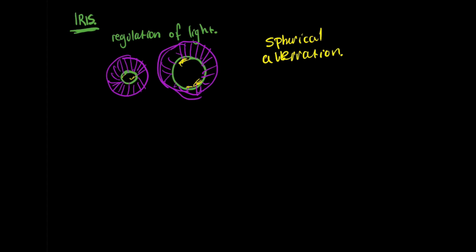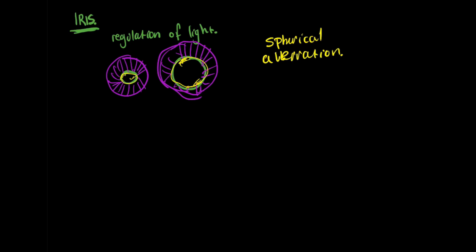So what it does is it closes to become more focused. And that's why when something is closer, the pupil will be closed by the iris to prevent light from entering the eye and really improve the quality of the image.